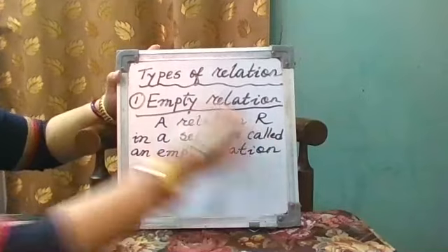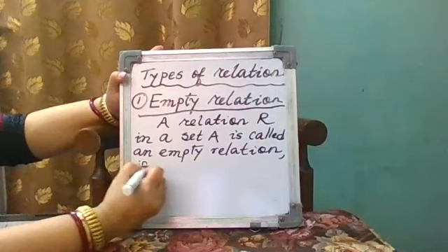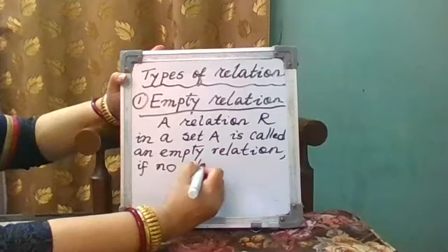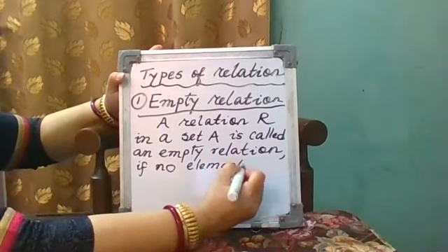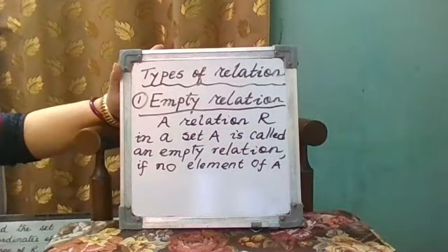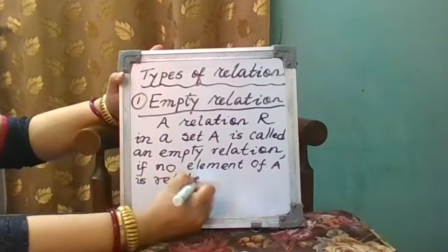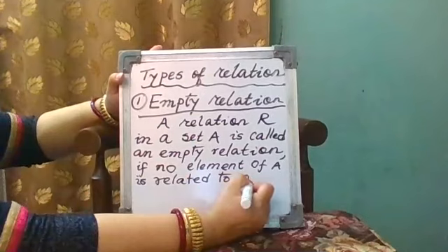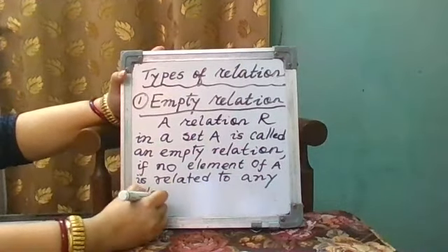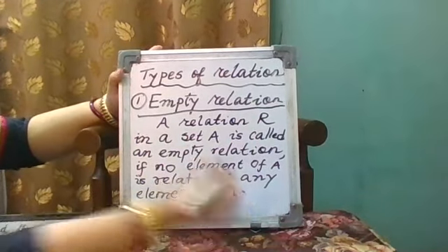It is called an empty relation if no element of A is related to any element of A.